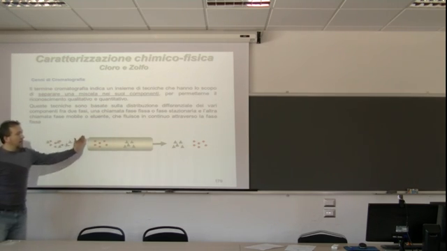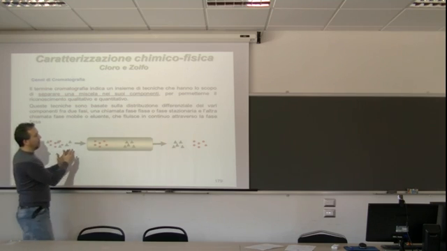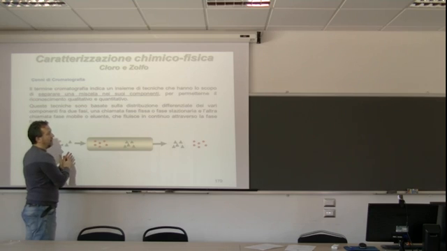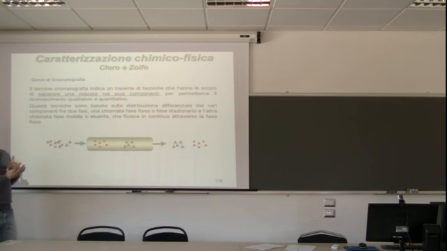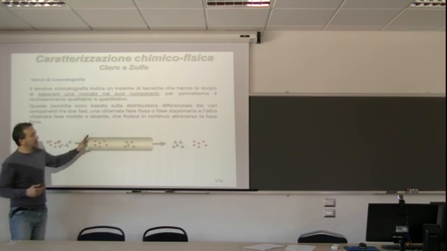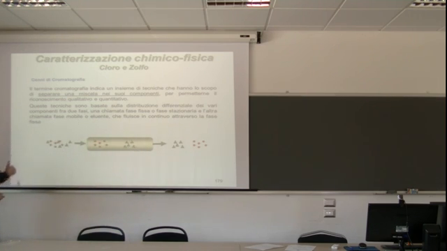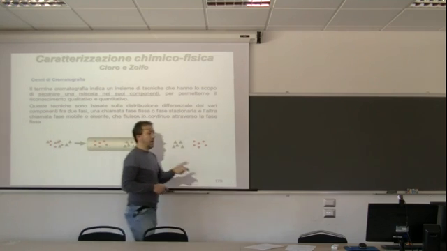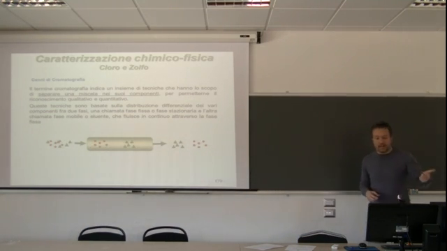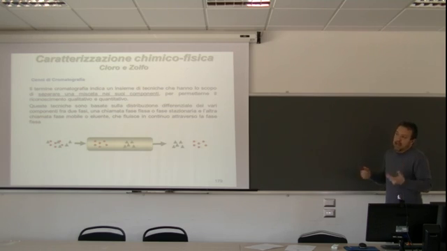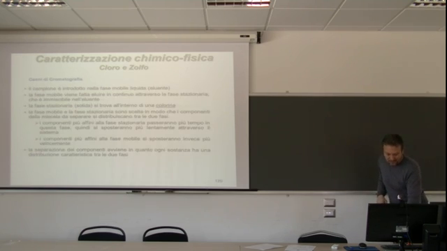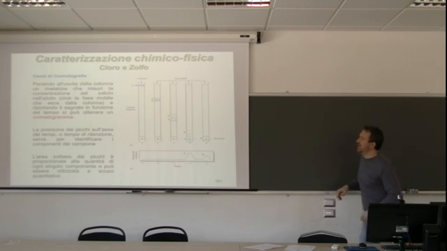When you put it into the column, they go quickly or not, in function of their affinity, more or less affinity with the column, and at the end of the column you see the components at different times, and so you can associate a chemical element in function of the time, and of course you can also measure the quantity of this element.